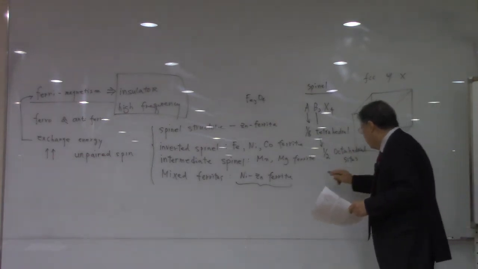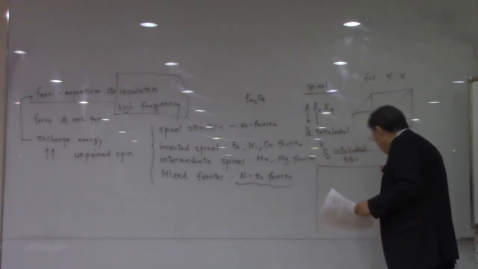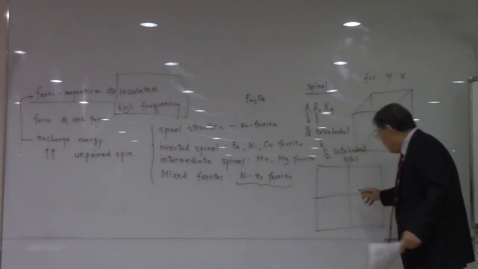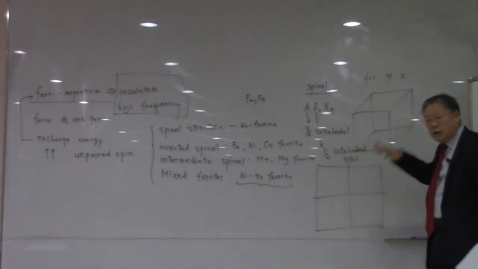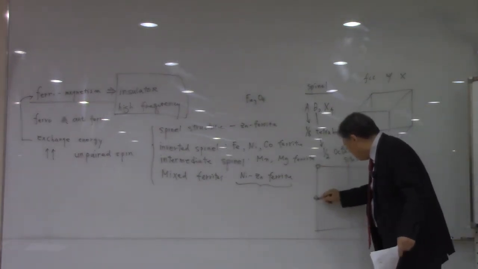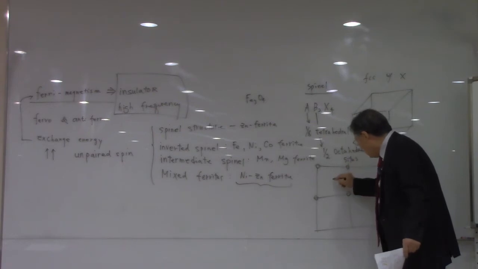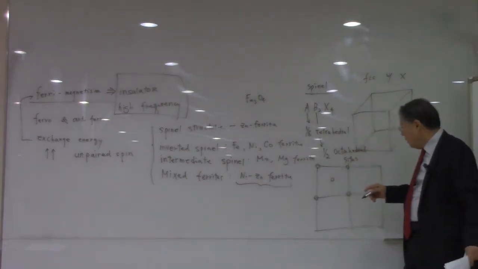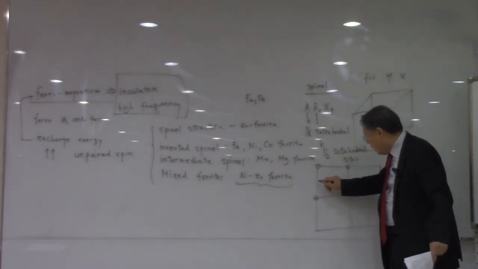If you look into the FCC crystal structure, now it is a 4 FCC on the top view. We have atoms here and then at the bottom and the top, something like that, okay? That is the FCC.